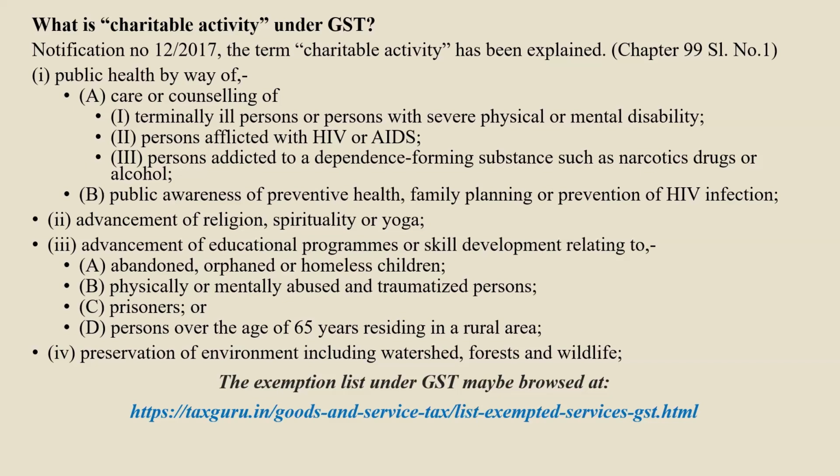And fourth, of course, people who are above 65 years. Now, this is a very, very narrow, restricted definition of educational programs or skill development programs. So one has to be very clear that our object and our activity is falling clearly under this charitable activity or not.